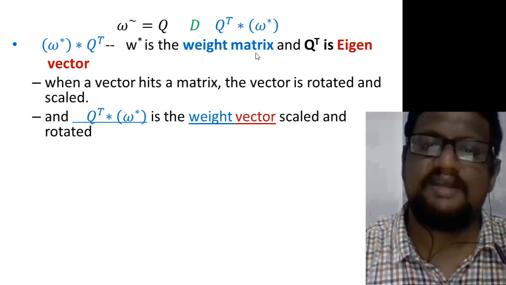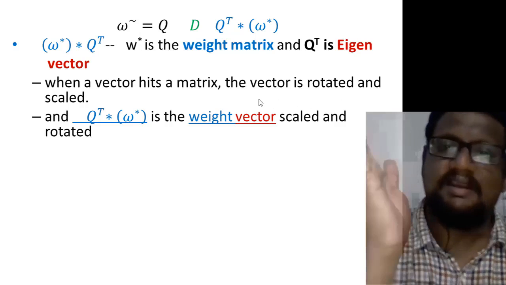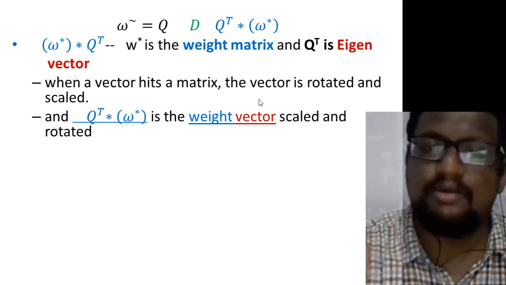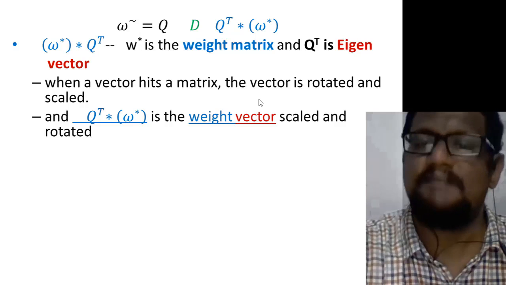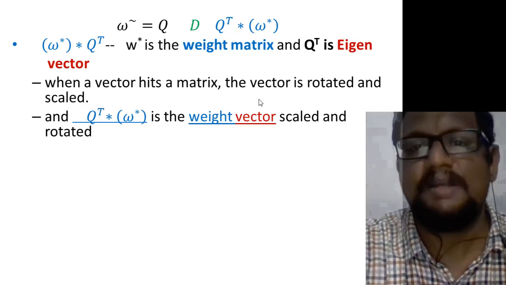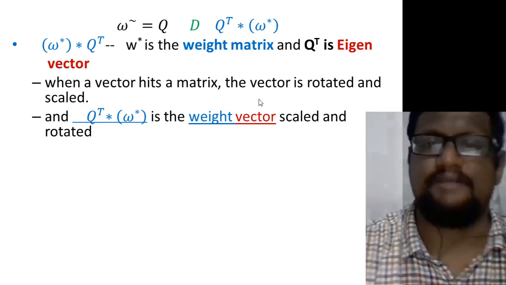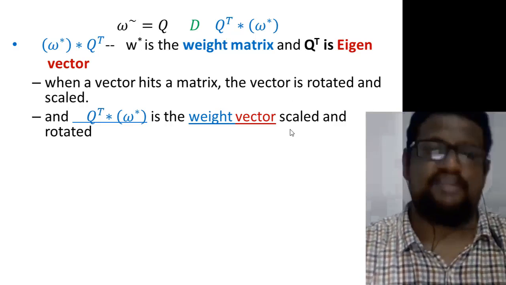The vector is rotated and scaled. So imagine a weight vector, or simply any 1 by 3 vector. If that 1 by 3 vector is multiplied by a 3 by 3 matrix, the values get changed. When the values get changed, automatically it is shifting in direction. So the vector is shifting in direction when it is multiplied by a matrix.